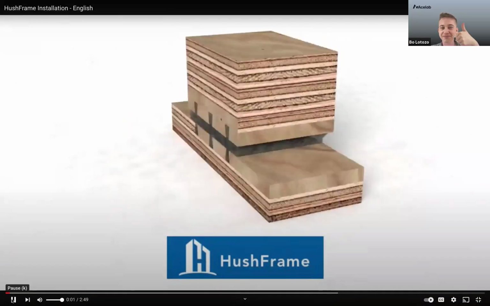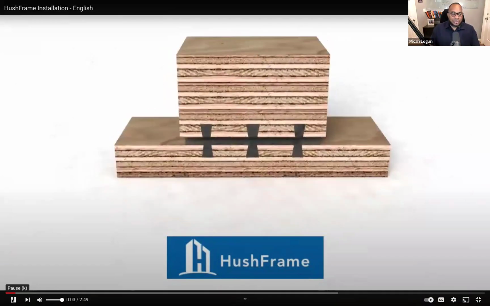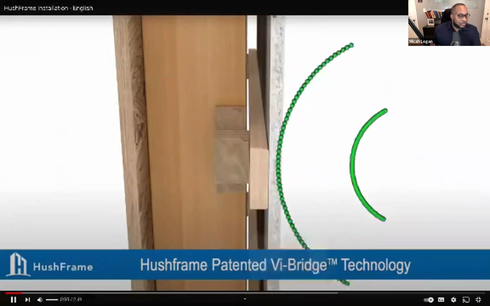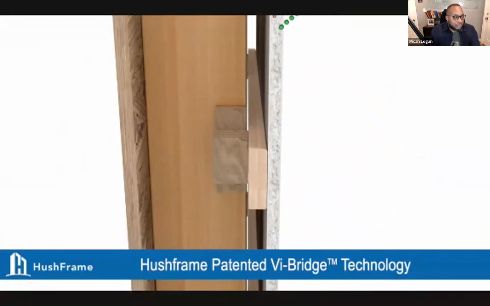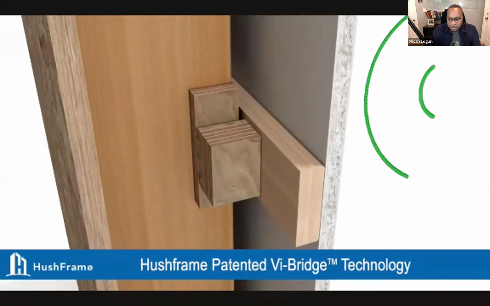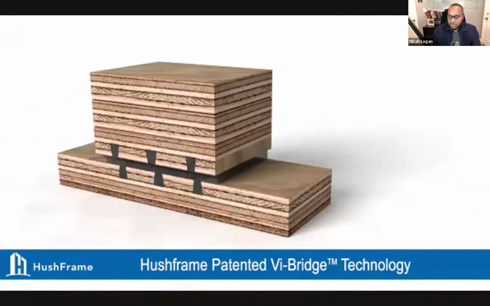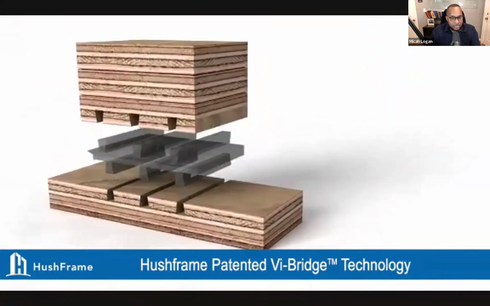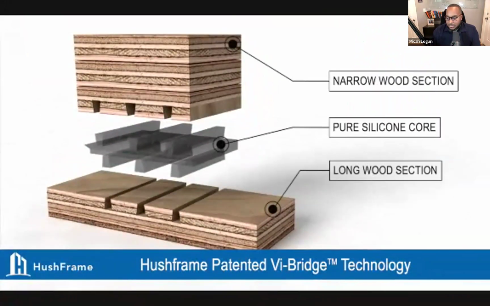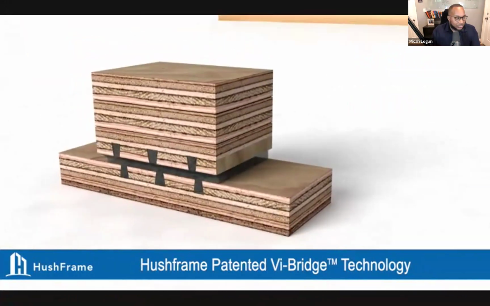Introducing HushFrame decoupling rafts. HushFrame raft connectors are sound isolation devices which decouple and isolate drywall from framing members. HushFrame rafts consist of 2 wooden sections connected by a vibration isolating and noise killing core made of pure silicone.